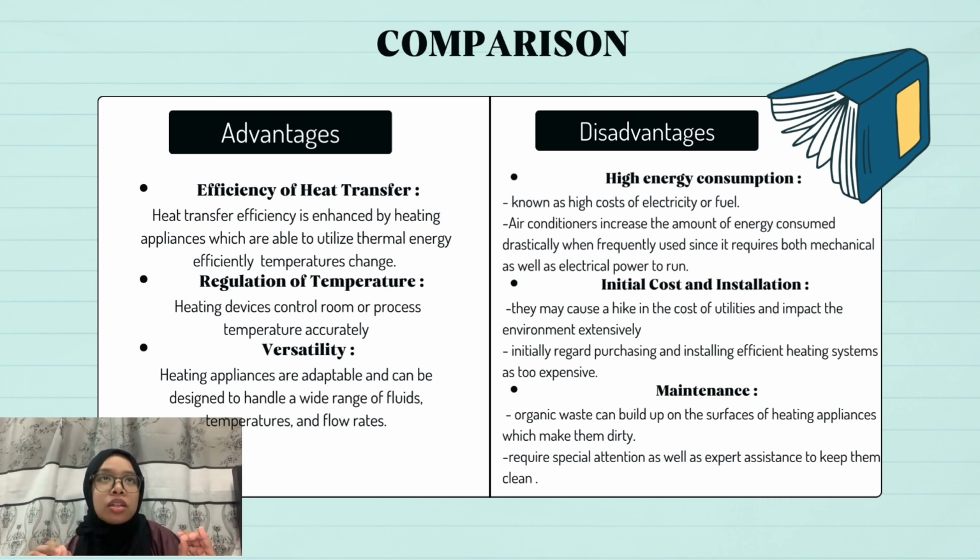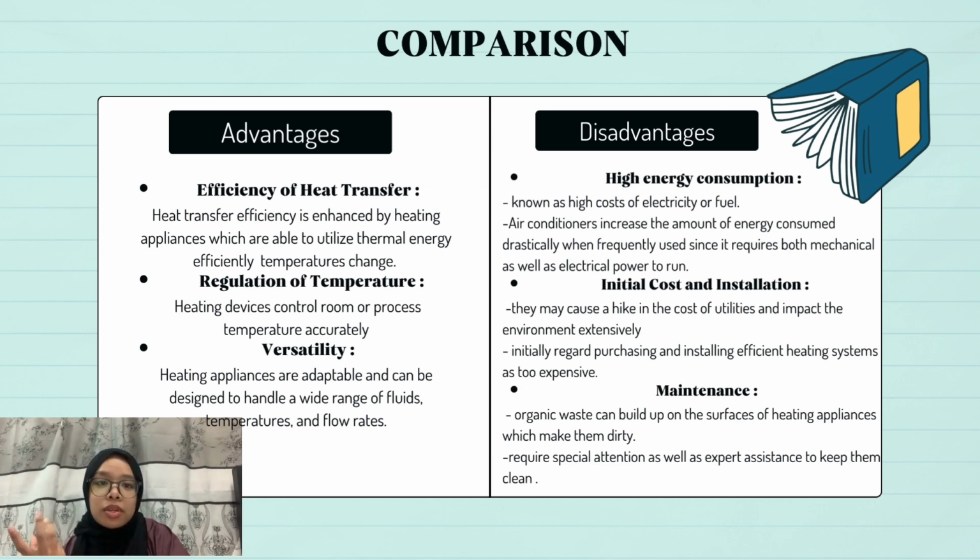This not only results in higher utility bills but also increases the environmental impact. Air conditioners, for instance, can dramatically increase energy consumption when used frequently, requiring both mechanical power and also electricity to operate. The second disadvantage is initial cost and also installation.